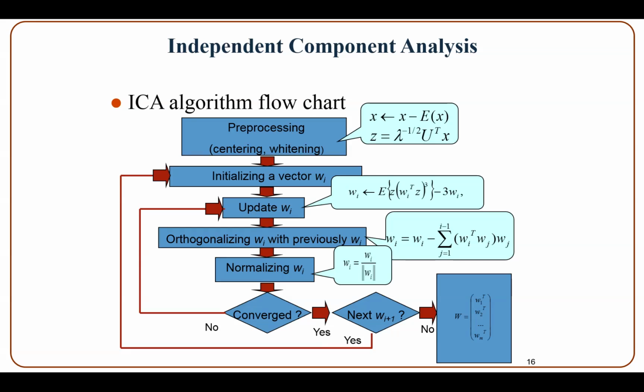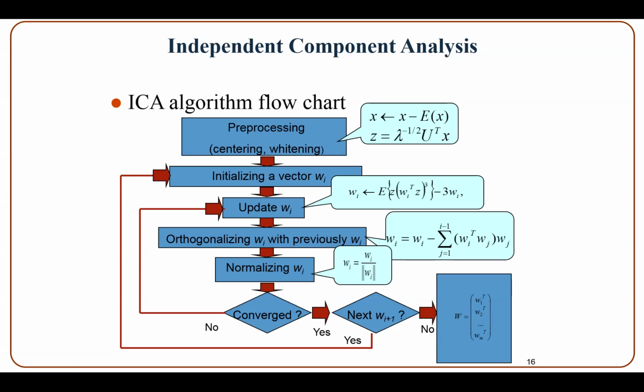At first, the mean is subtracted, and then the data is whitened to make the variables uncorrelated. Then we initialize a vector Wi, and then we start a loop, iteratively updating the vector Wi, following the iterative formula for kurtosis or negentropy.